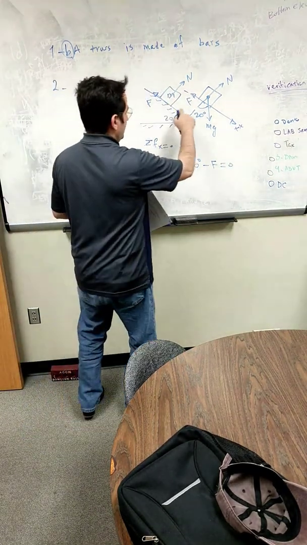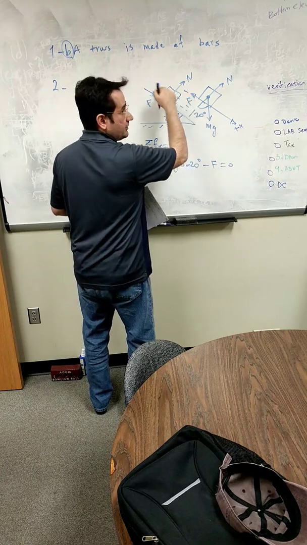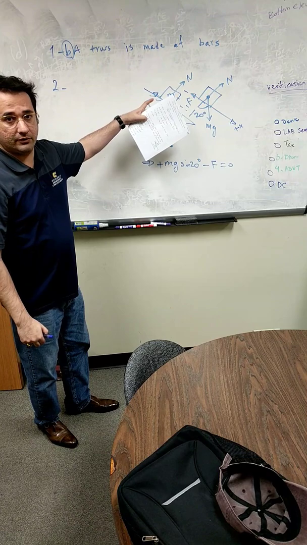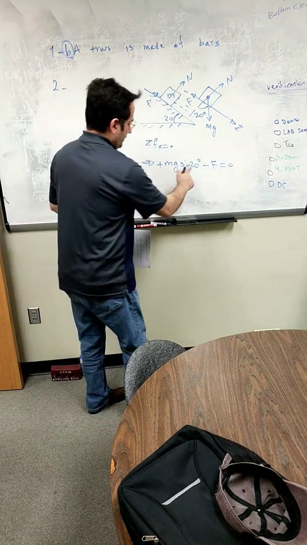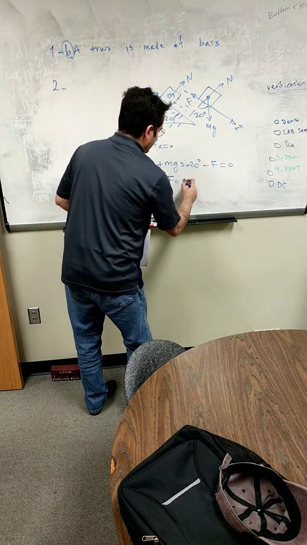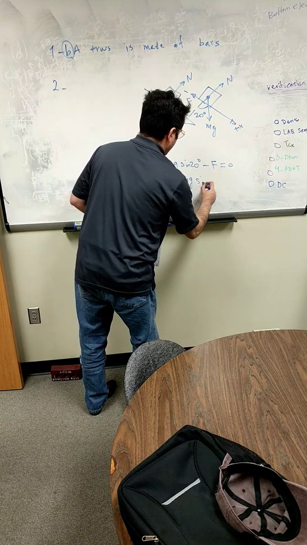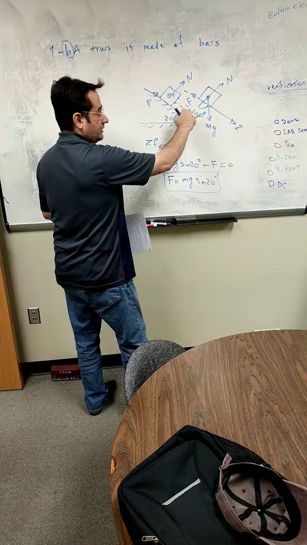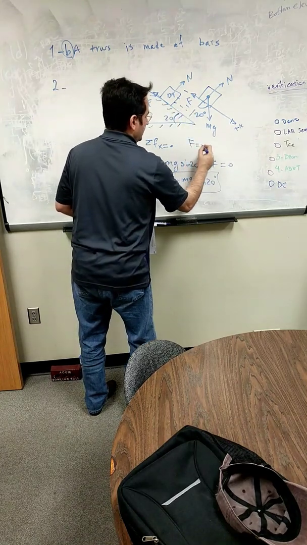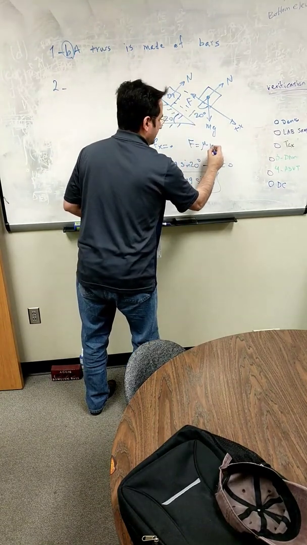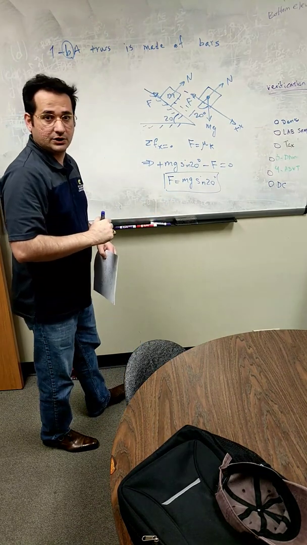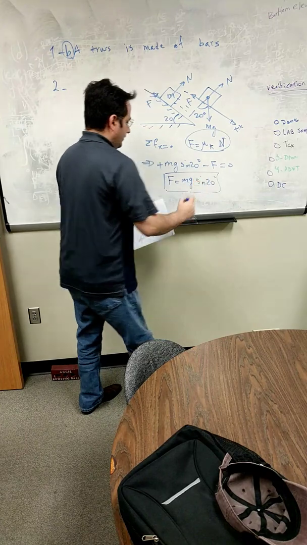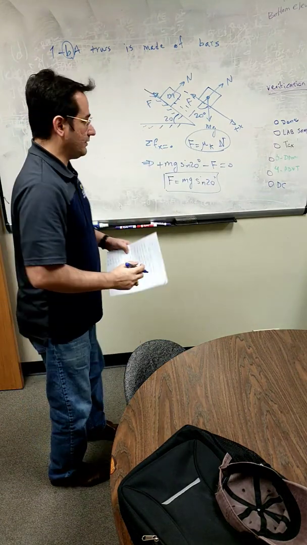And we know that this is actually moving, but the velocity is constant. So the acceleration is still 0 and the law of equilibrium is valid. So this gives us F is equal to mg sine 20. Meanwhile, because it's moving, the friction is equal to mu k, the kinetic friction coefficient, times N. So these two conditions are valid simultaneously.